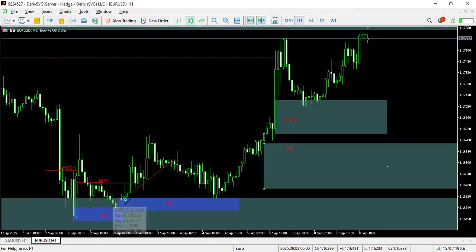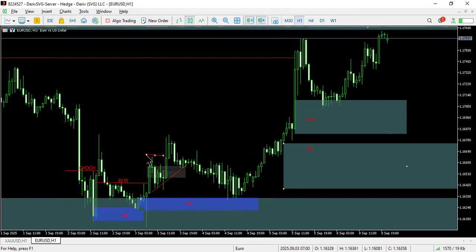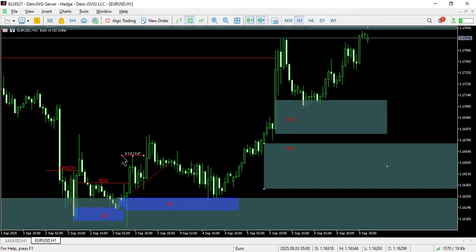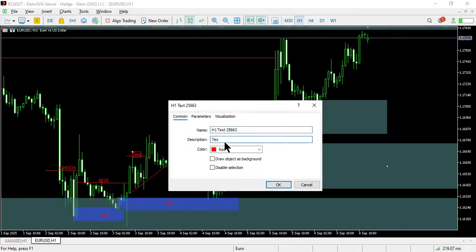Because price had not mitigated this order block. So whatever break of structure that price creates, that is just liquidity. So that was the break of structure.